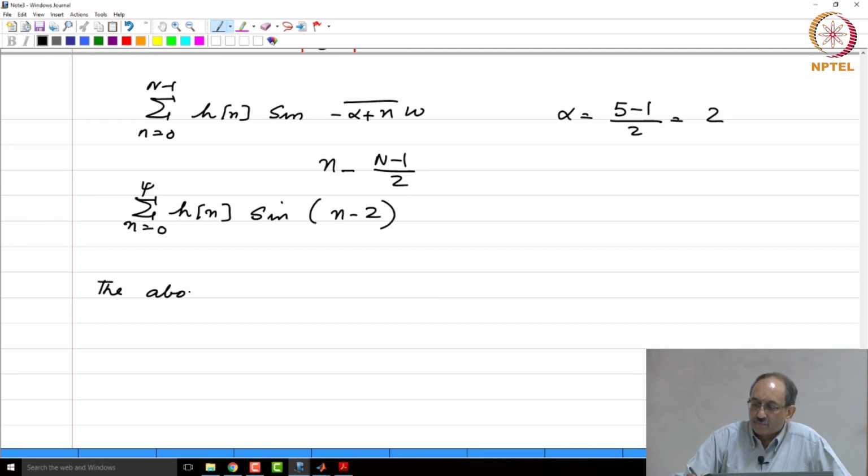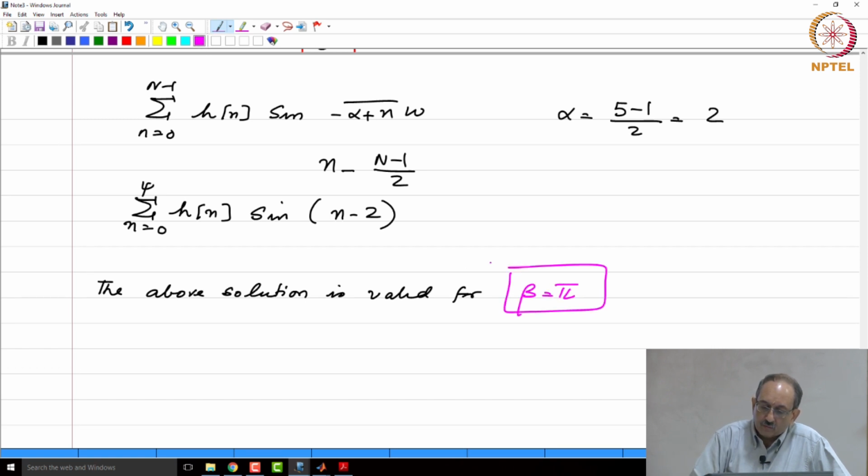So, the above solution is valid for beta equal to pi also. Anything mod 2 pi, we are only looking at values of beta mod 2 pi. It is true for k pi, k being both odd and even, but they will all map to the beta equal to pi case.